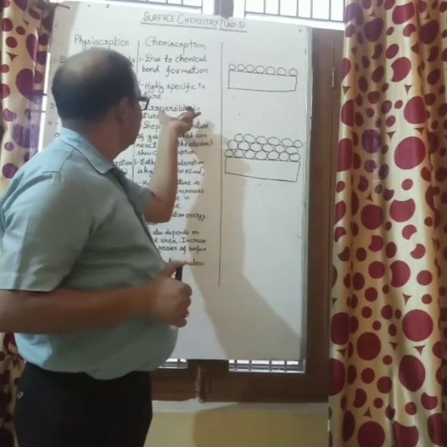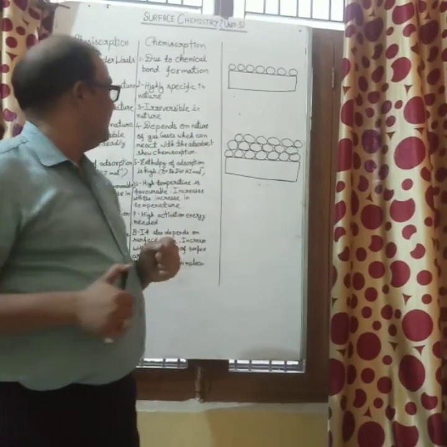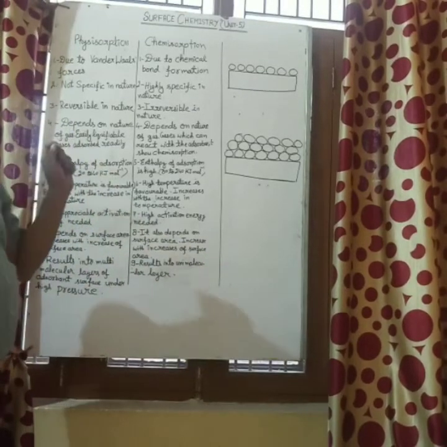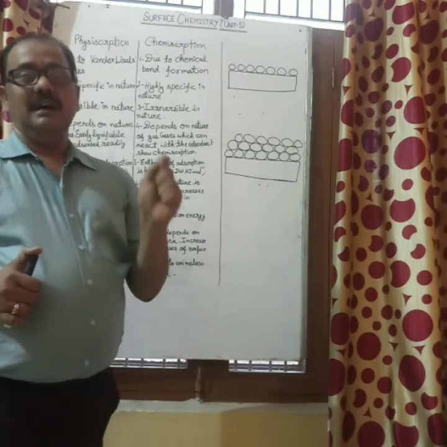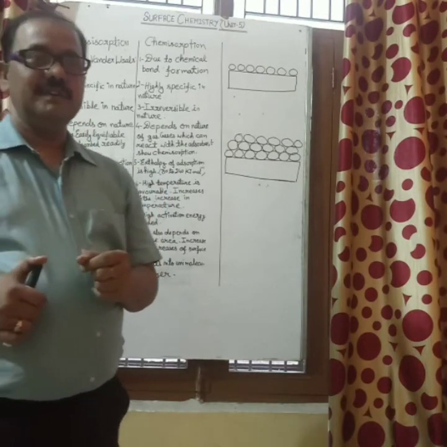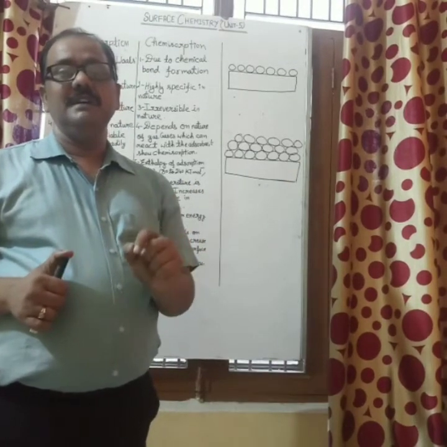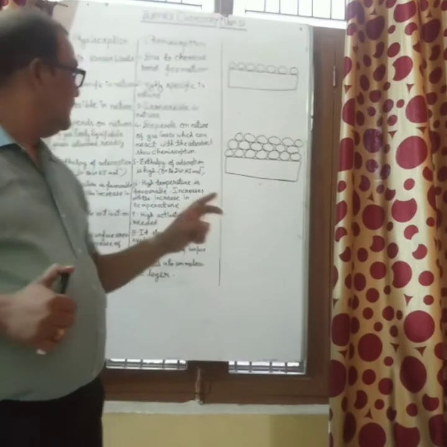Therefore, it is non-reversible or irreversible in nature. Physisorption depends on the nature of the gas, means higher the critical temperature, easier the liquefaction and greater will be the adsorption. That is the physisorption.